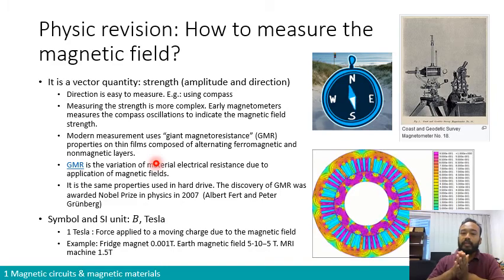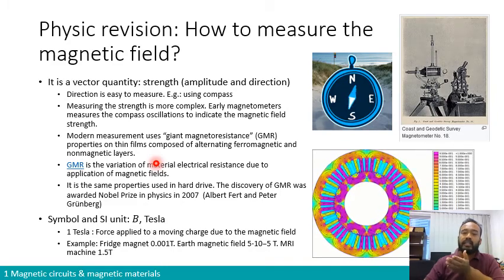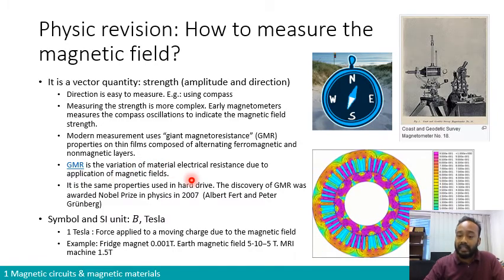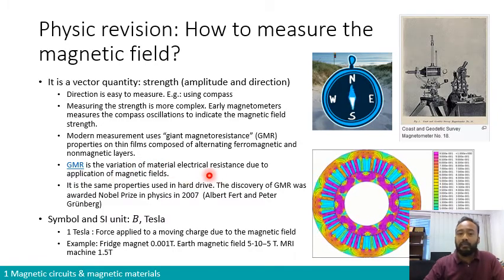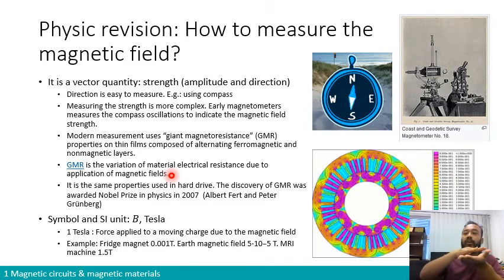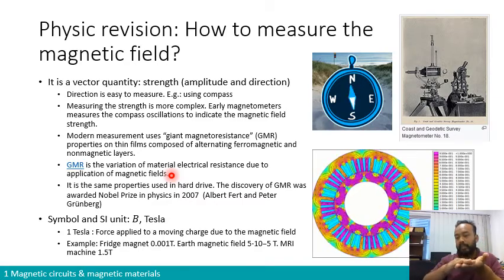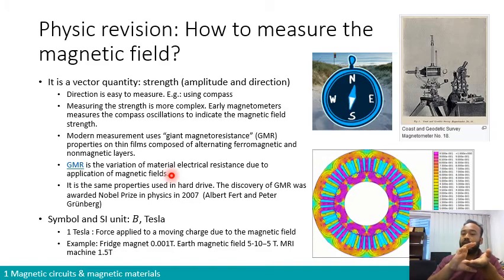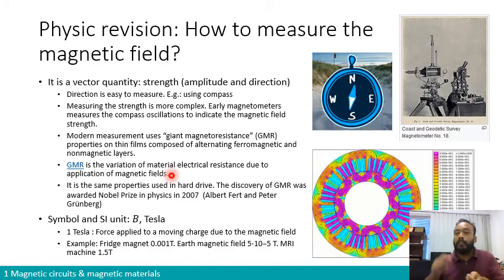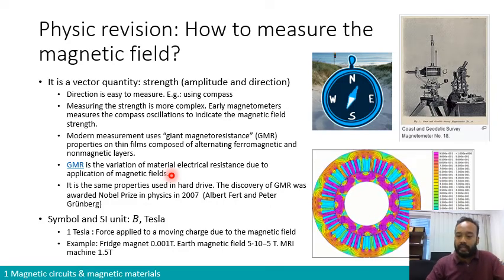GMR describes the variation of that material's electrical resistance when it is subjected to a magnetic field. So with layers of magnetic and non-magnetic material, if you apply a magnetic field, there will be a variation of electrical resistance, right? So you measure the resistance of that GMR.